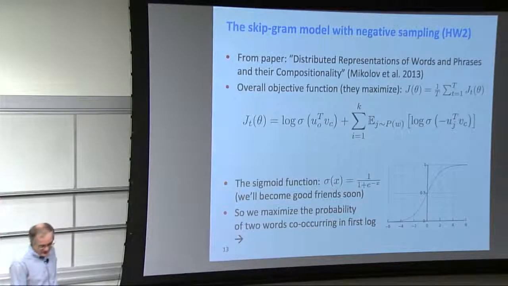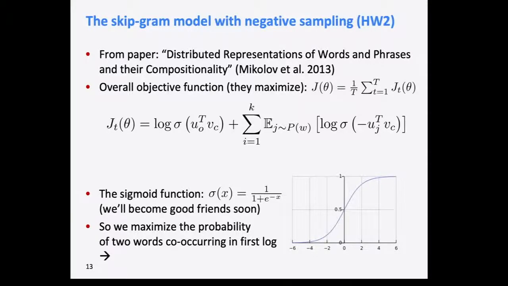Okay, the notation that they use in the paper is slightly different from the one I've used. They actually do maximization, not minimization, and that's their equation, which I'll come back to. But before we do that, here's the sigmoid function. The sigmoid function is normally written like this, 1 over 1 plus e to the minus x.